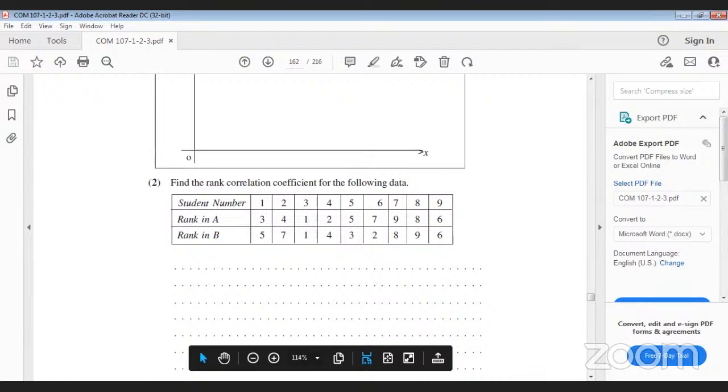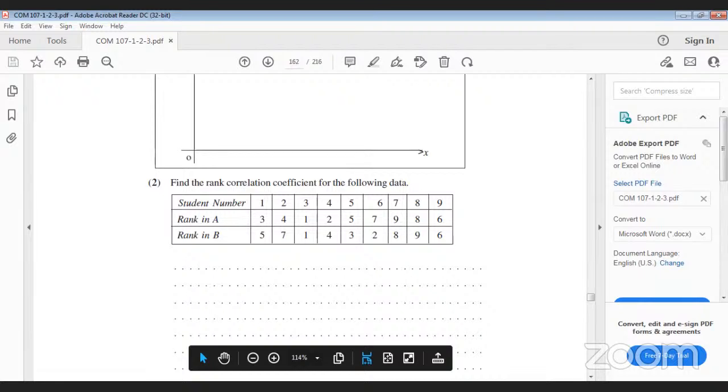Then 4 minus 7, then 1 minus 1, 0. Then 2 minus 4, minus 2. Then 5 minus 3, it is 2. 7 minus 2, it is 5. 9 minus 8, it is plus 1.